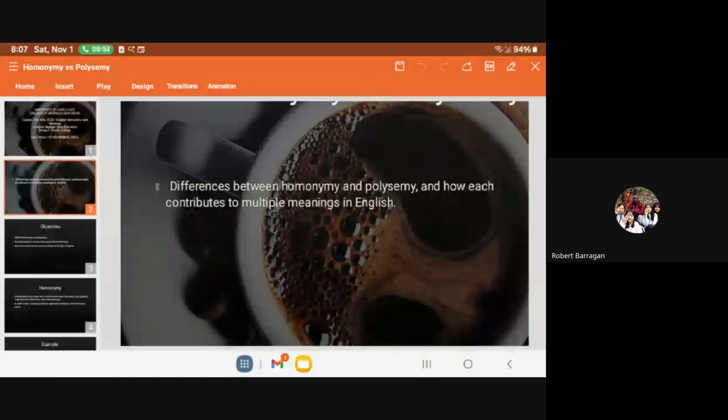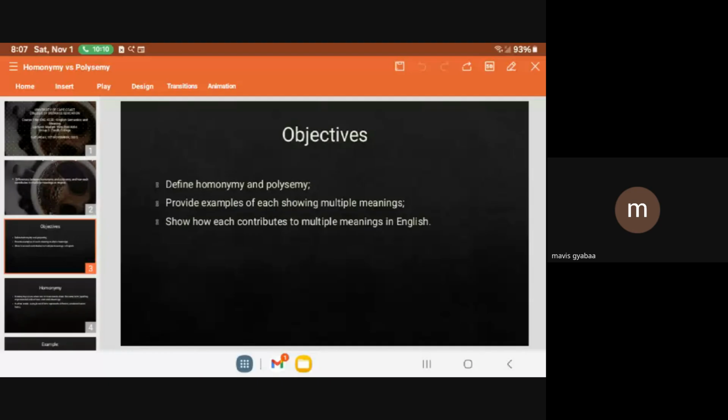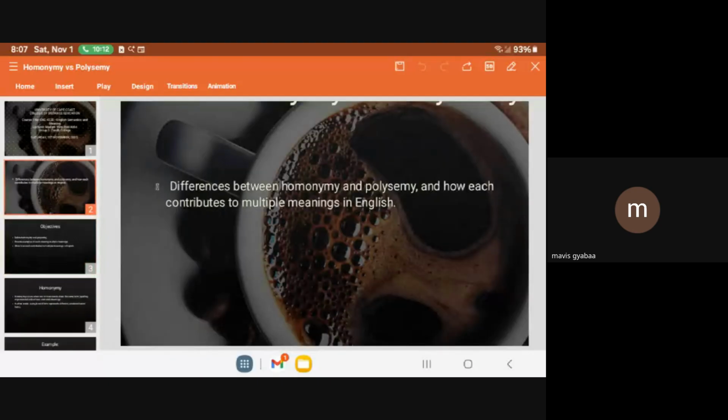So, I am to look at the differences between homonymy and polysemy, and how each contributes to multiple meanings in English. So that is the question.